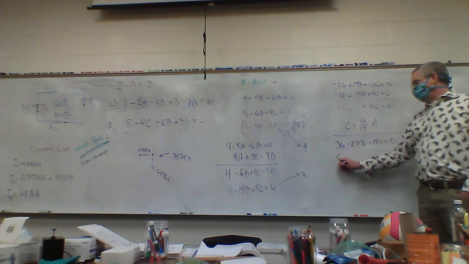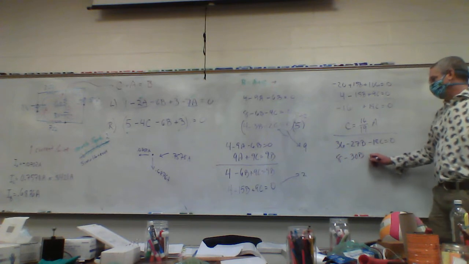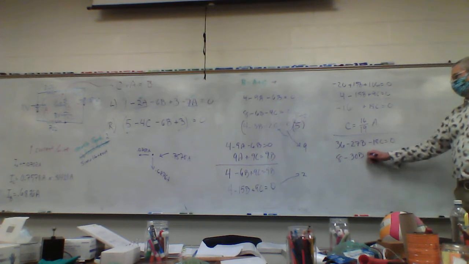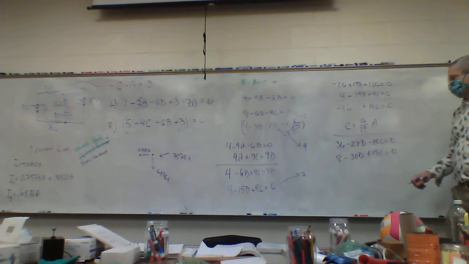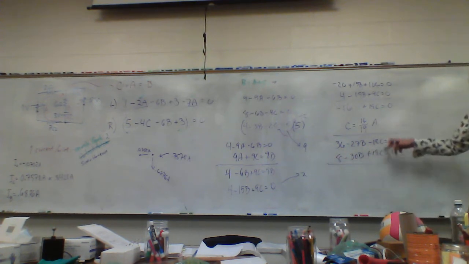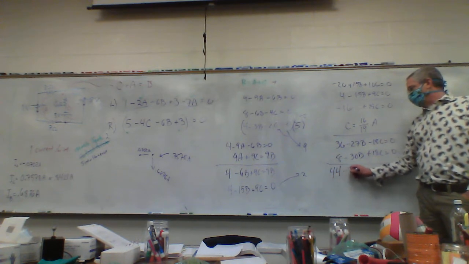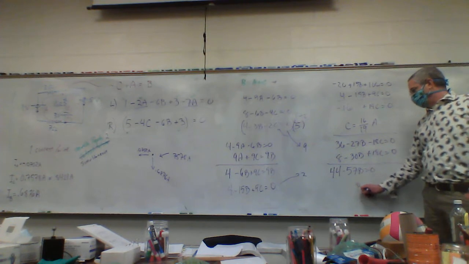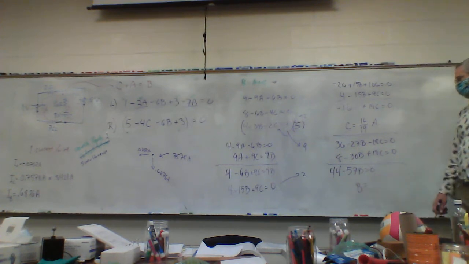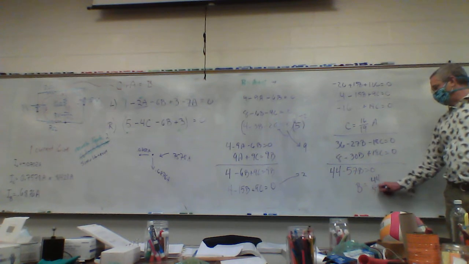That one is 8 minus 30b plus 18c equals 0. Add them together. My c's cancel out this time. And so I'm left with 44 minus 57b equals 0. And so b becomes 44/57.